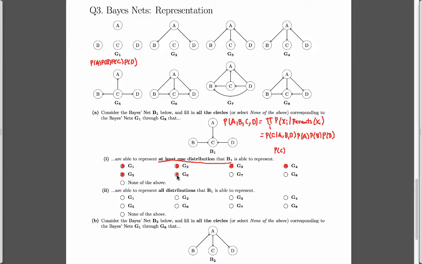So the correct answer is that all of these graphs are able to represent at least one distribution that B1 is able to represent. Next, let's look at part 2.